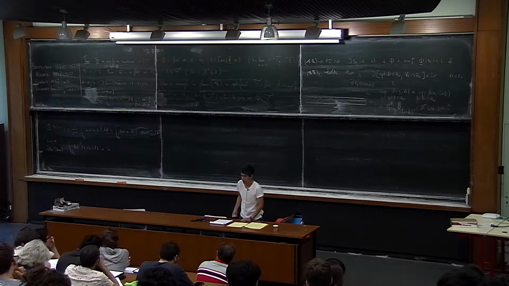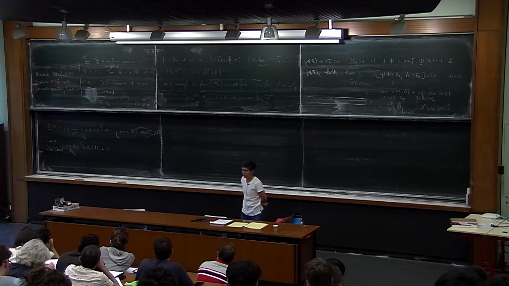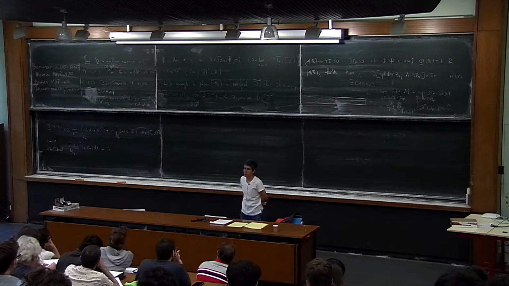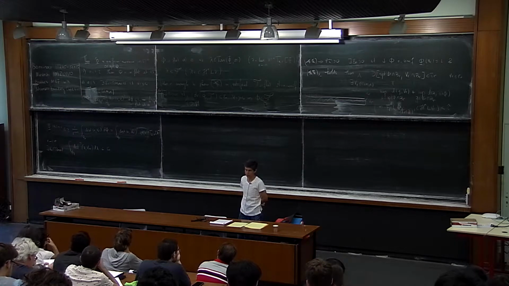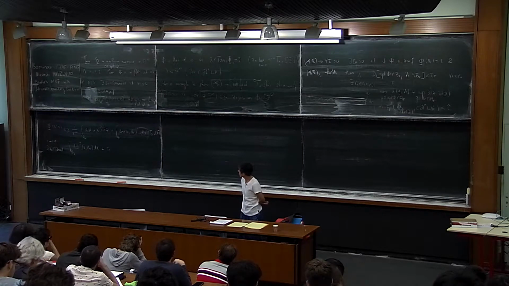OK? And yes? It doesn't matter. Yeah, since I can play with my epsilon 0, if you want, put a strict inequality in the first one. So what I'm going to do is rewrite, maybe I won't rewrite it now. Let's just reread it.